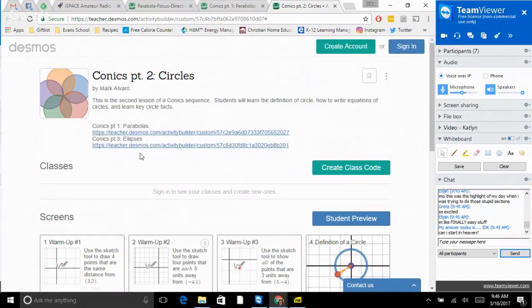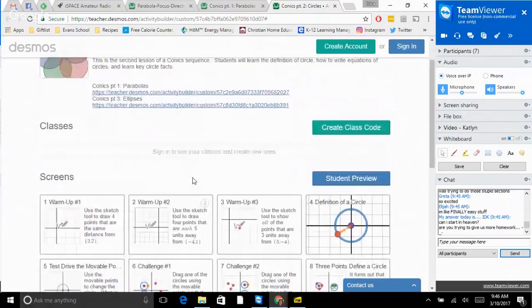But when you get to the circle and the ellipse homework, I may have you try doing your homework online at Desmos. No, I just said I'm not going to give you the parabola homework; the parabola homework is on your sheet. But I may change your circle and your ellipse homework to Desmos, because I think it's actually interesting.